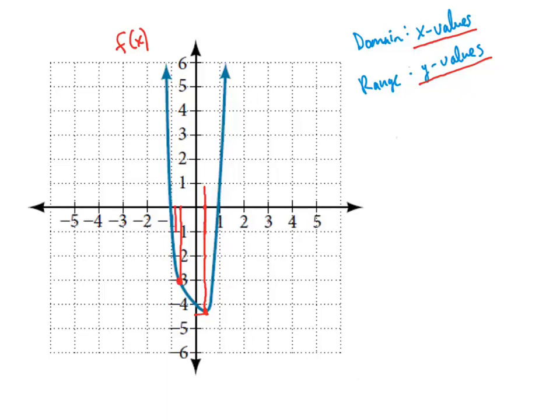Okay, so it looks like all the points in the middle here are part of the domain. If we go to the right, yes, we can continue getting values on the graph. And the graph of this function just keeps going up and to the right and up and to the left. So no matter where we are on the x-axis, we're going to get values that hit the graph. So what we would say for the domain is all real numbers.